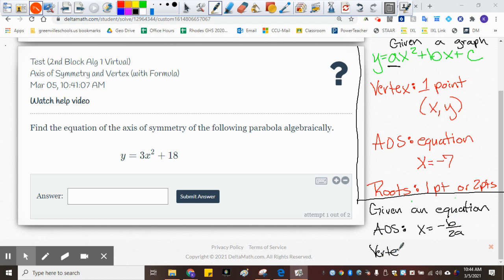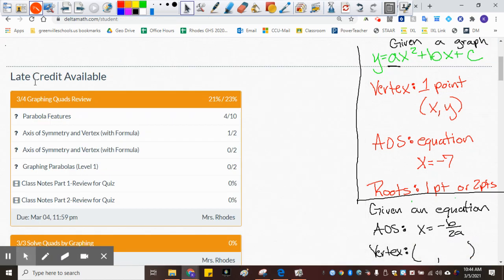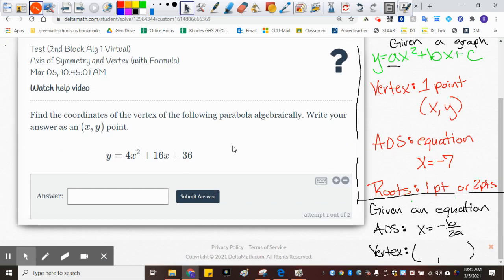Now we're going to find our vertex given an equation. This one. And to find your vertex, first you have to find your axis of symmetry.